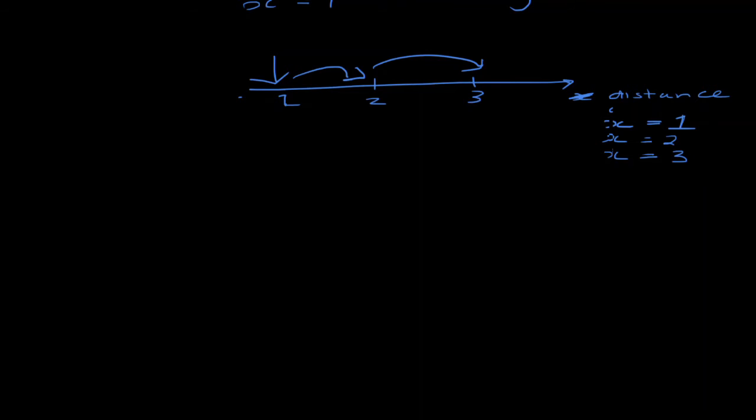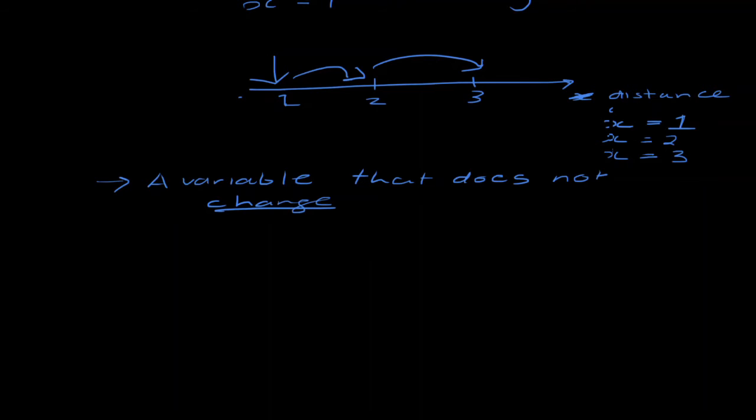And a variable that doesn't change is called a constant, because it's constant forever.